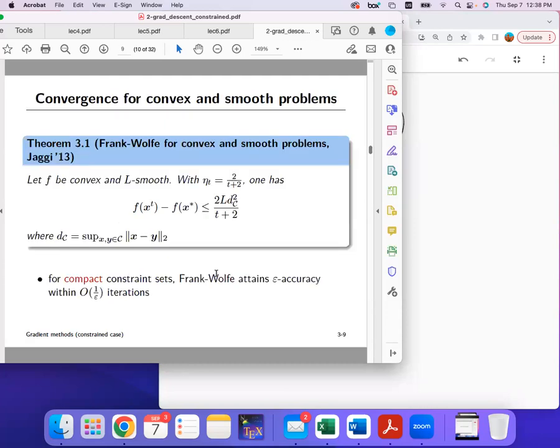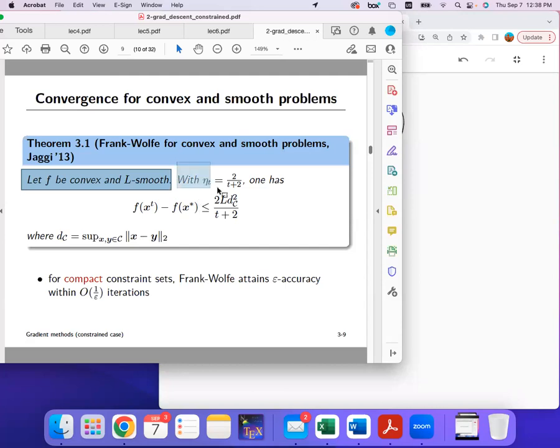Now let's talk about the convergence guarantee for this Frank-Wolfe algorithm. Let f be a convex and smooth function. We considered this class of functions in the previous lectures.